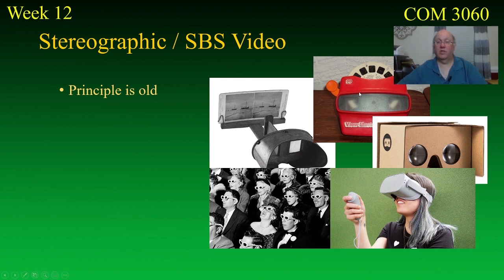Some of you will know this as the Viewmaster toy, which I played with when I was a kid, and most people have seen. It even survives today. You still see these around. And the 3D movie down here, which every once in a while makes a comeback. They're not very good, but they make a comeback anyway.